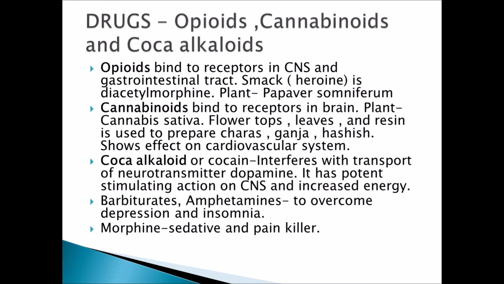It has potent stimulating action on central nervous system and increased energy is there. And because of this increased energy, certain people take that. Barbiturates, amphetamines are used to overcome depression and insomnia. Morphine is used as sedative and painkiller.